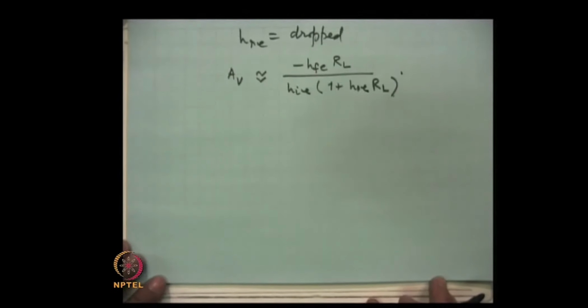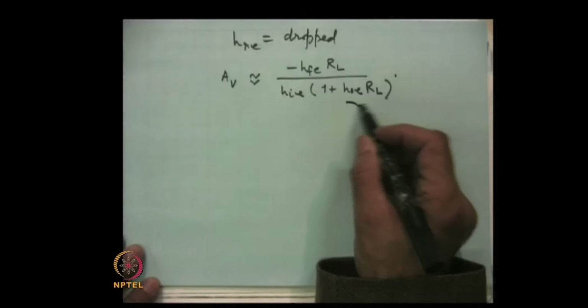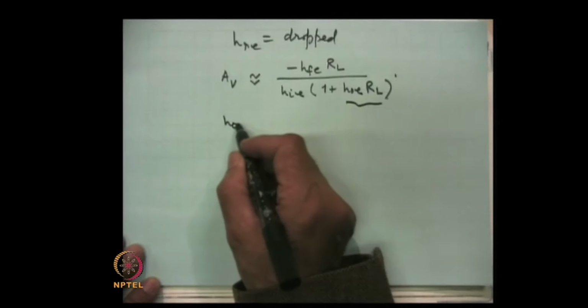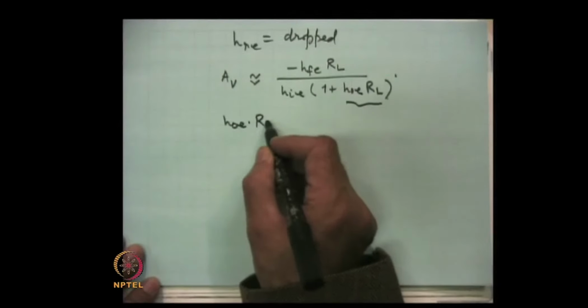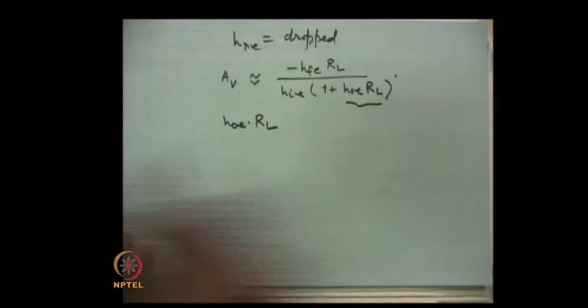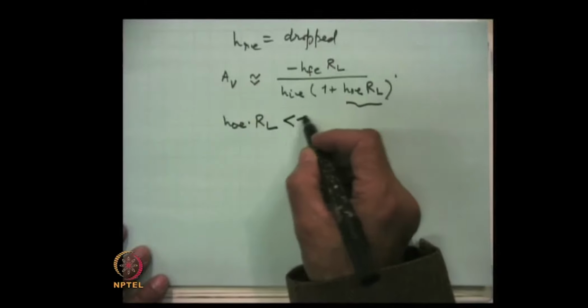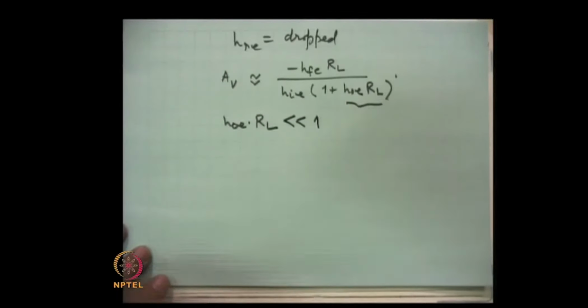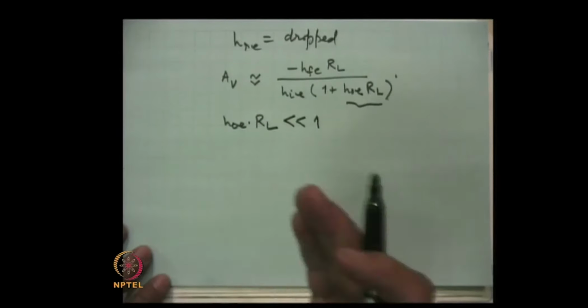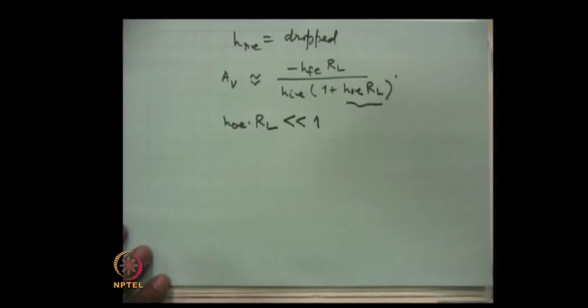This is the approximate relation. We can further simplify it, because this term HOE into RL is normally very less than 1. It may be 0.01 or 0.02, like that.